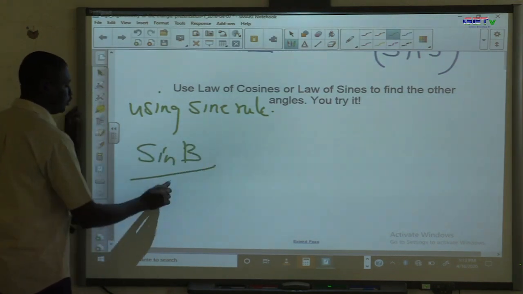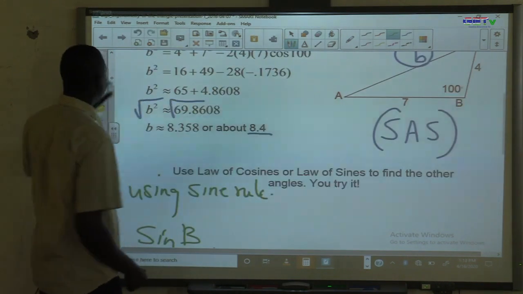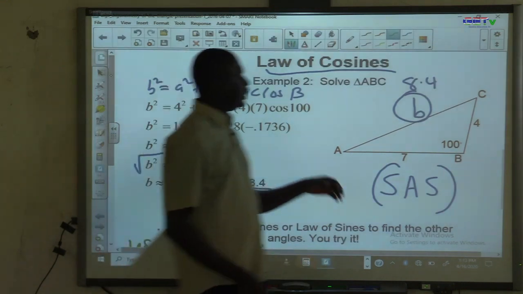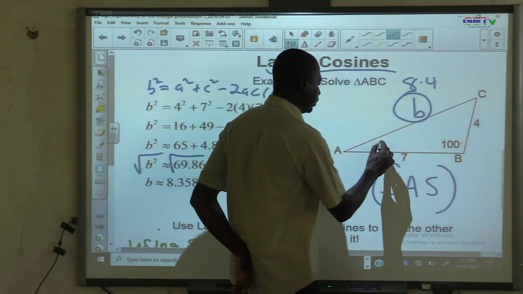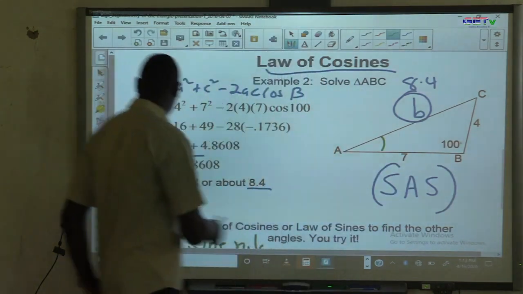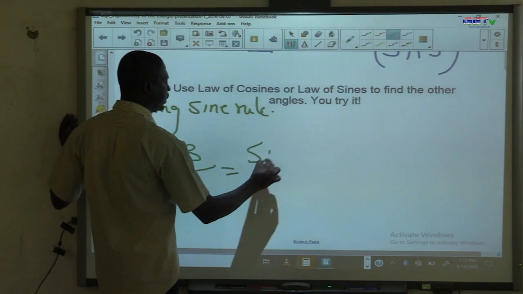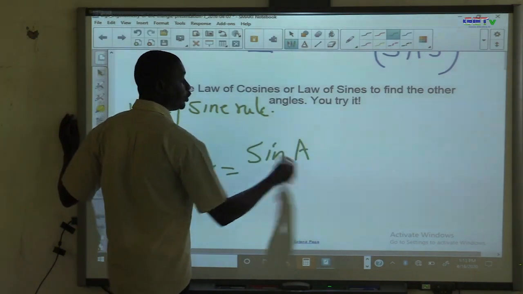Sine B over small b is equal to, if we want to find this angle A, we'll take the angle and the sides, sine A over small a, which we don't know.